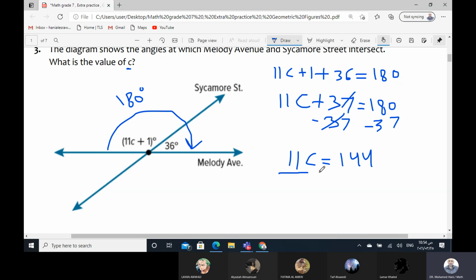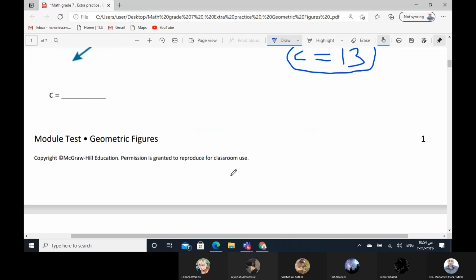Then take the coefficient 11 and divide the two sides by 11. So C equals 143 divided by 11, which will be 13. So the value of C equals 13. Great, Layan. Okay.